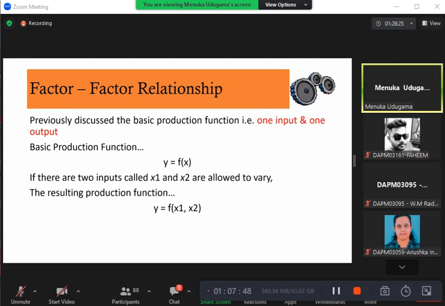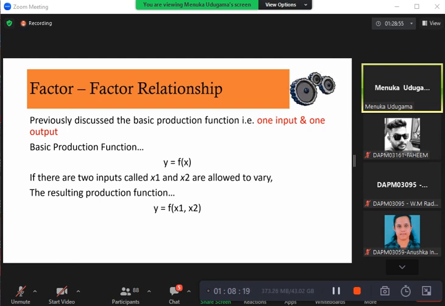The output when you're using one input. Now here we are going to look at the production using more than one input, actually two inputs, because since we are doing the graphs manually, it's difficult to use more than that. But to understand the principle or the theory behind it, we will look at the production of one output using two inputs, like two factors.